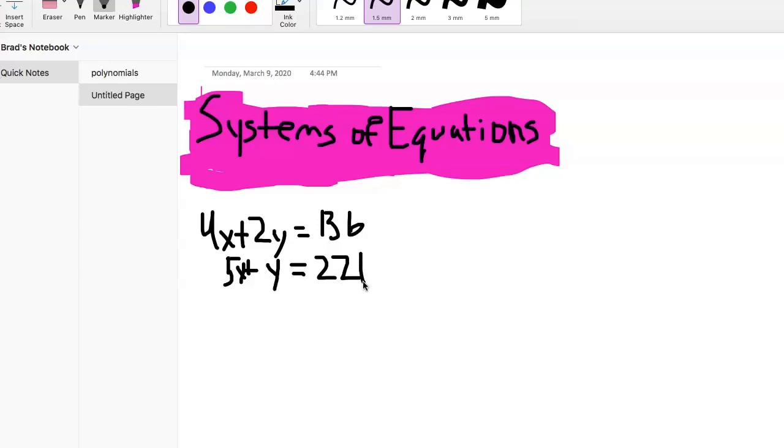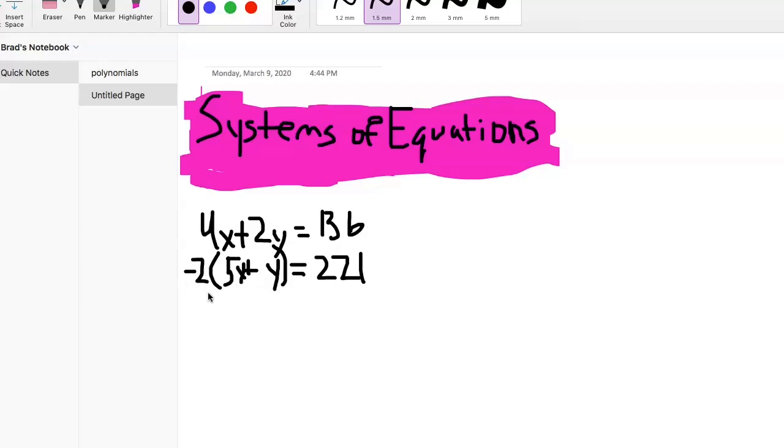In something like this, we're going to have to multiply some number by one of these equations so that we can get something to cancel out. It's one of those things where what you do to one side, you have to do to the other. So with this 5x plus y, we're going to multiply it by -2.